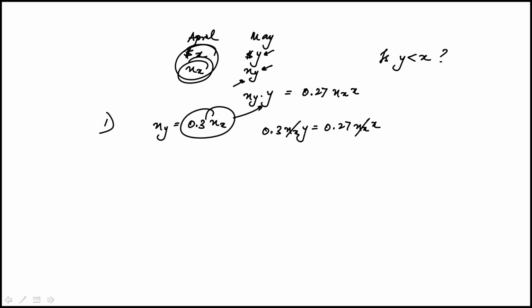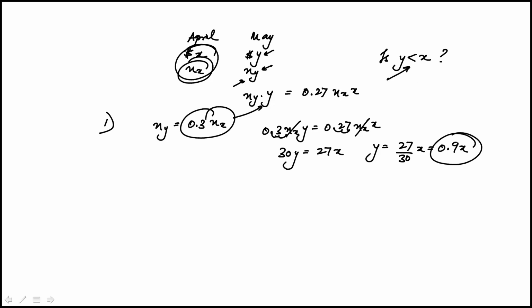I can simplify that, move 2 decimal places, so that becomes 30Y equals 27X, which means Y is 27 over 30, or 0.9X. And we can answer this question: yes, Y is less than X because it's 90% of X. So we have a definite answer, so 1 alone is sufficient.